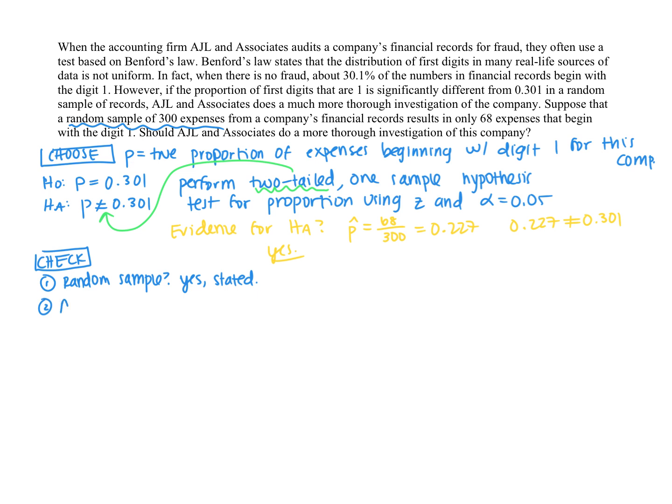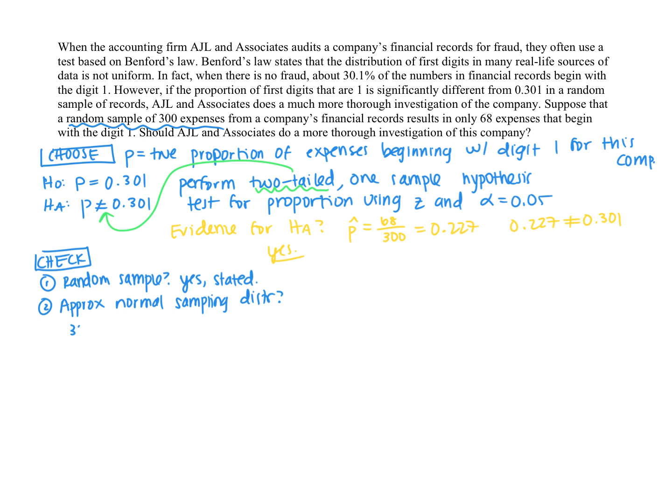Second assumption, we need an approximately normal sampling distribution. You do not need to put this in symbols. You can jump right to numbers. So it's n times p. Our sample size is 300, and then you're going to go back to the null.